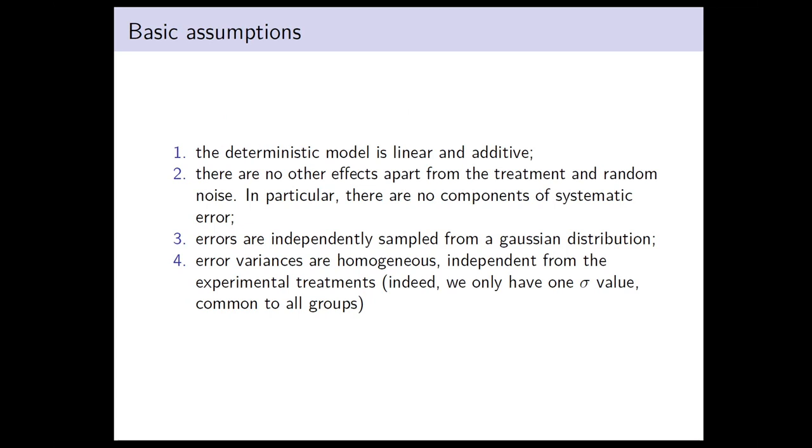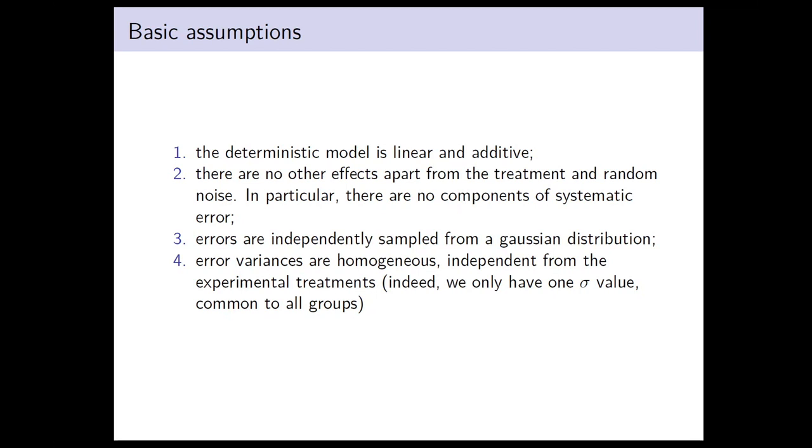So you see, you need to note this. What we are doing now makes 4 assumptions which we need to consider. First, we have a model, deterministic, which is purely additive because we are adding mu to alpha.